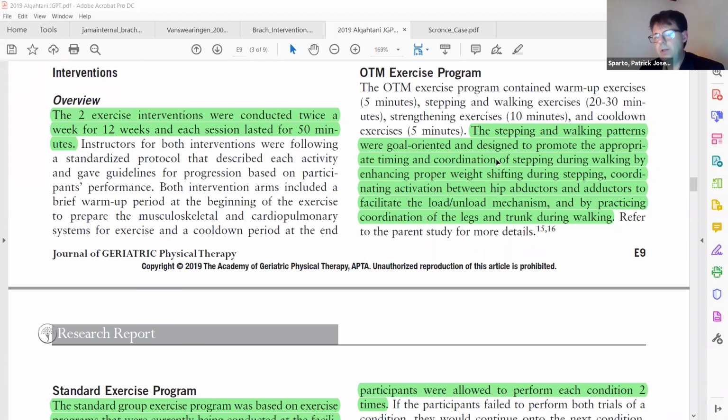And this was really based on the prior work that had been done by Doctors Brock and Van Swearingen, where they had exercises work on the timing and coordination of stepping, coordinating abductors and adductors to facilitate loading and unloading.